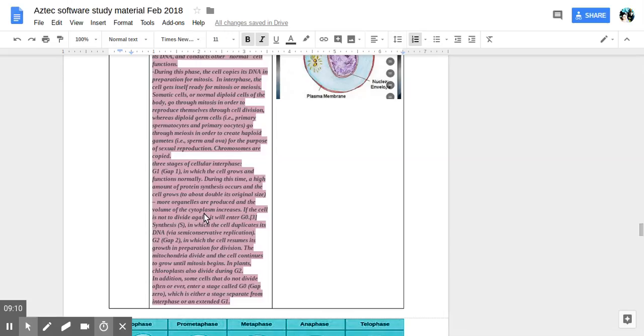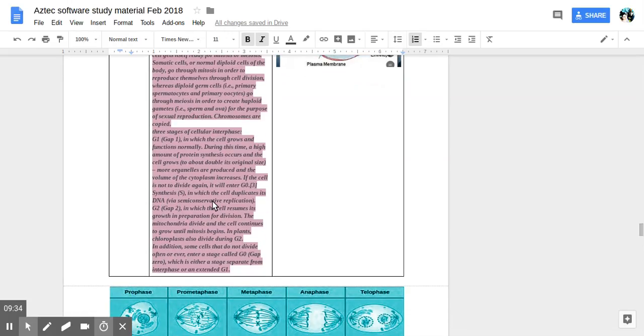When you're going to have cell division occur, then S phase, right before division occurs, is where the synthesis of DNA leads to doubling of genetic material. G2 also, the cell contents are growing.